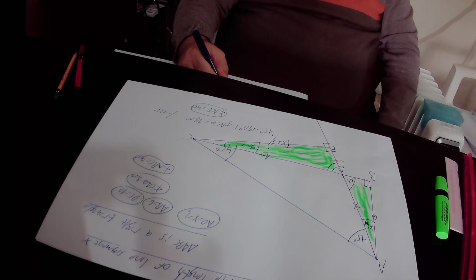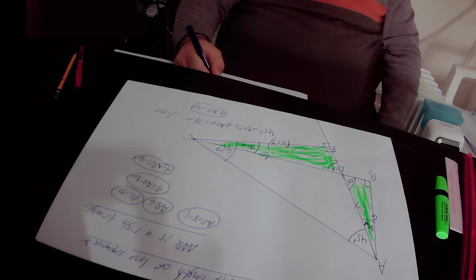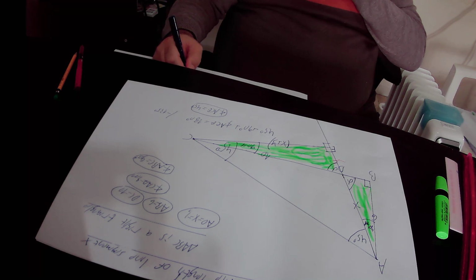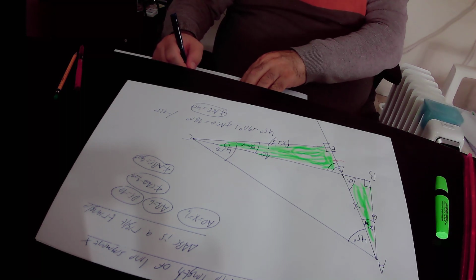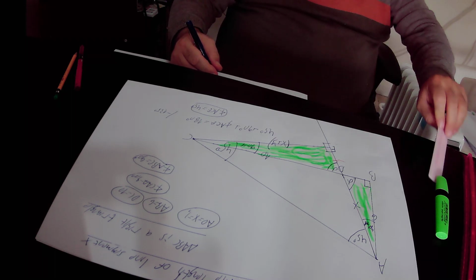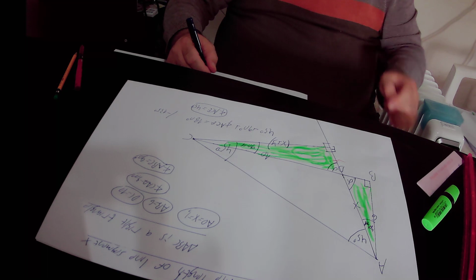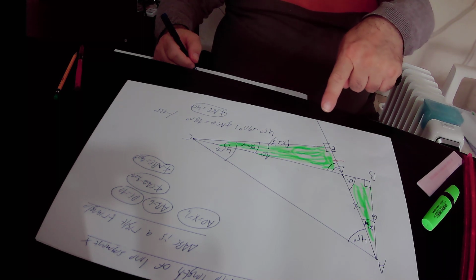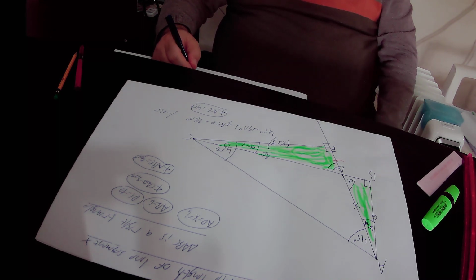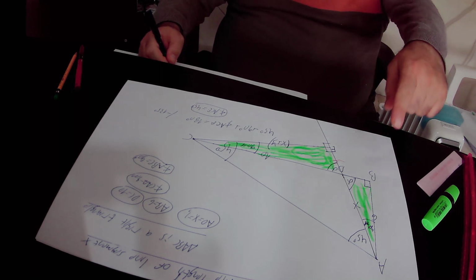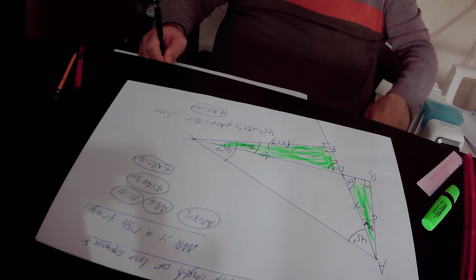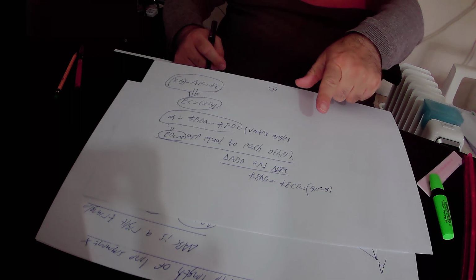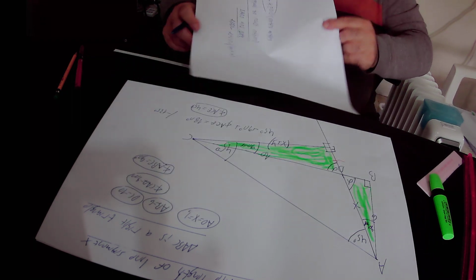In the right triangle ABD and the right triangle DEC, we know that angle BAD is equal to angle ECD, and both angles are equal to 90 degrees minus alpha.